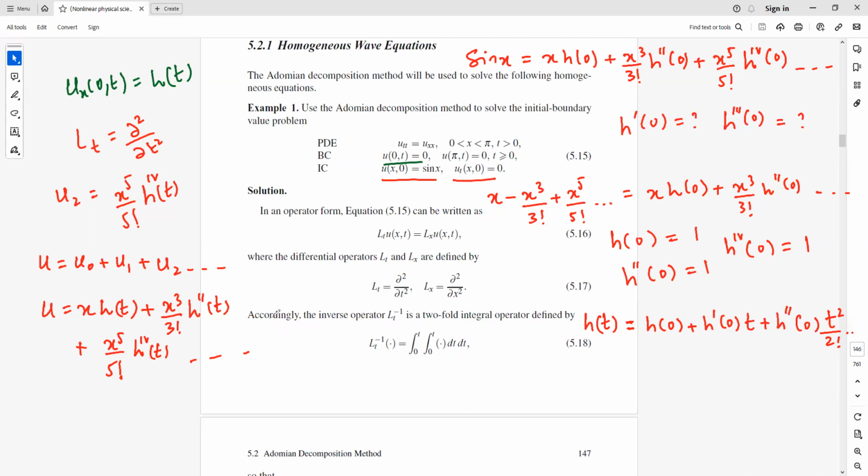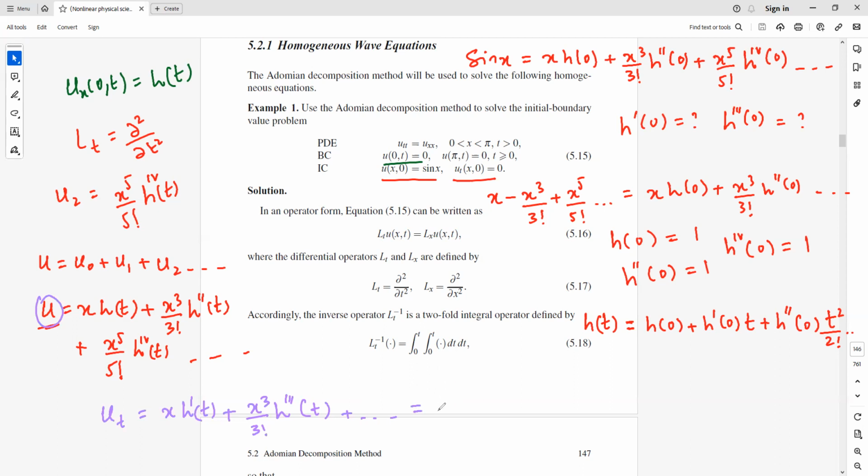So if we find u_t of this function, it will give us x h prime of t plus x cube over 3 factorial h triple prime of t plus x to the power 5 over 5 factorial times the fifth derivative and so on.